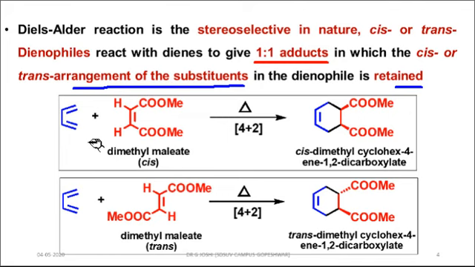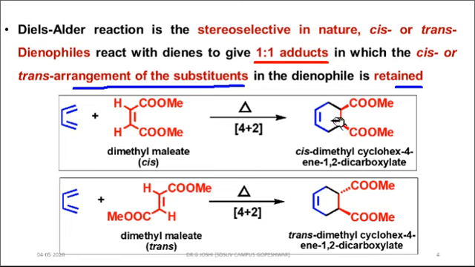When we use cis dimethyl maleate as a dienophile and 1,3-butadiene as diene for the cycloaddition reaction, that is Diels-Alder reaction, we obtain a product that is cis dimethyl cyclohex-4-ene-1,2-dicarboxylate.